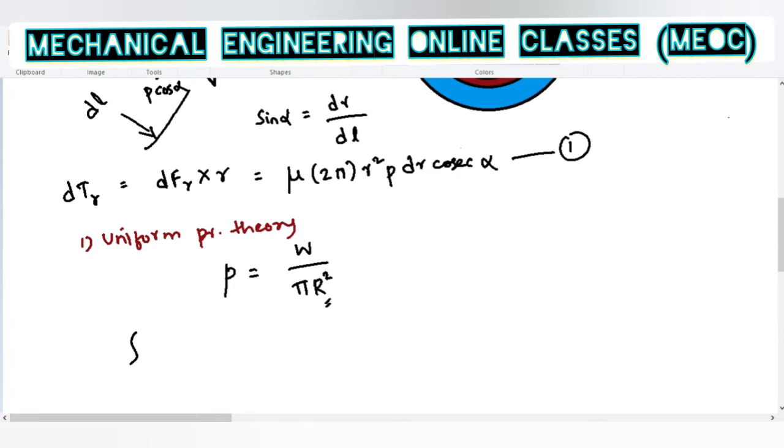Integrating on both sides, 0 to T, dTr is equal to, where the radius small r varies from 0 to capital R, mu p into 2 pi r square dr into cosecant alpha.